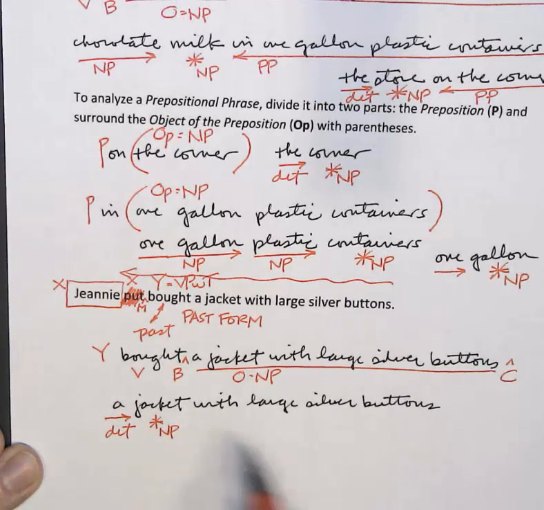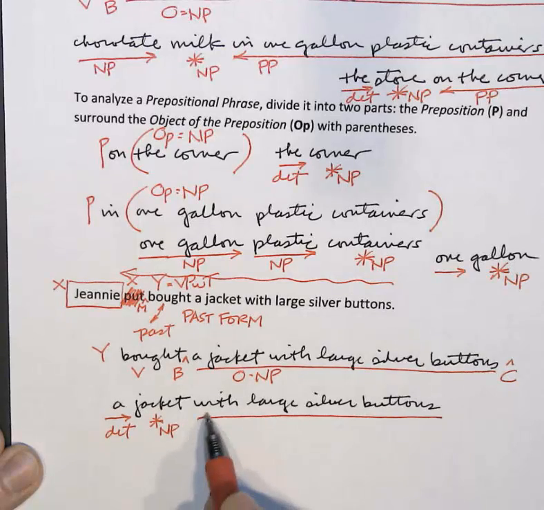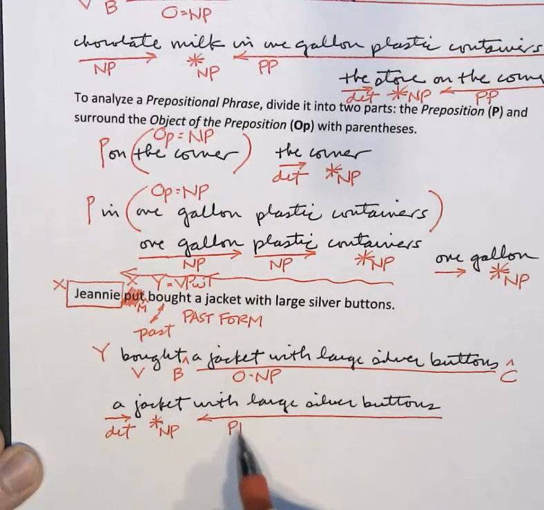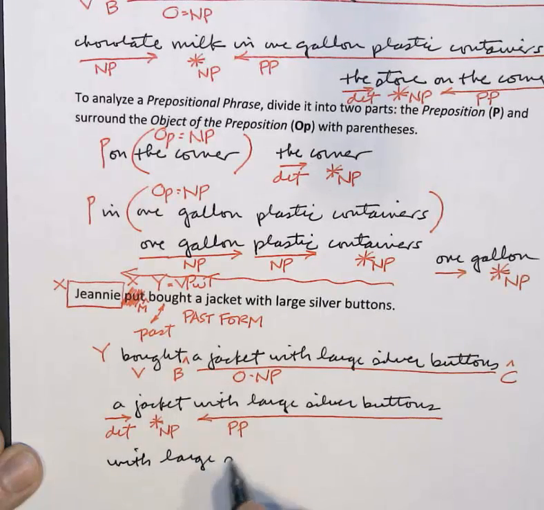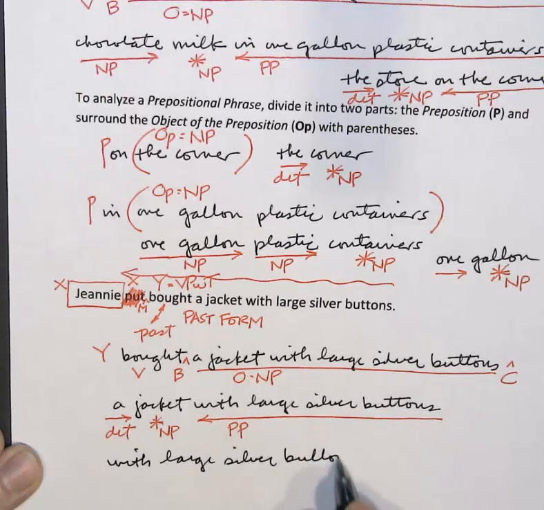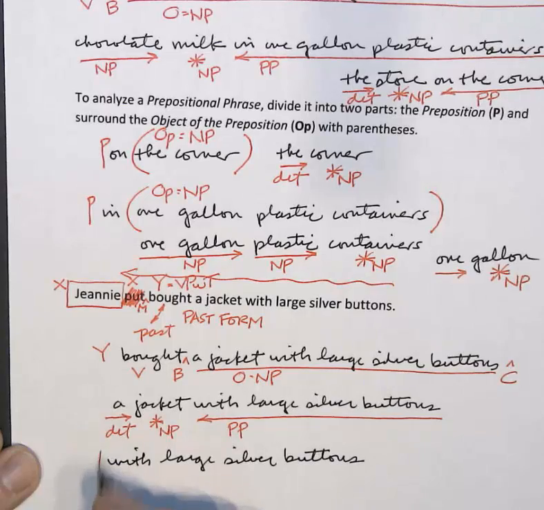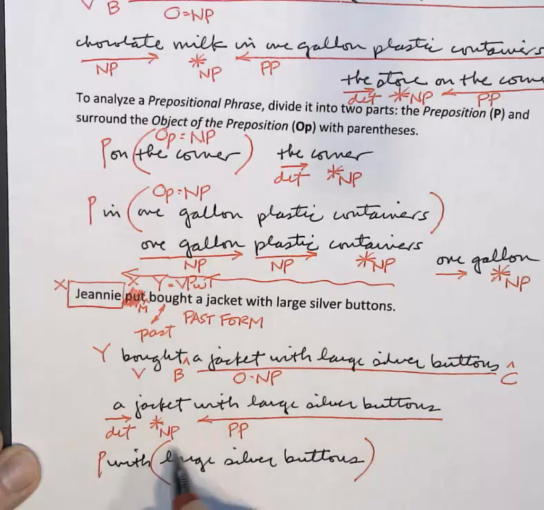And then we have one prepositional phrase that follows as a modifier. We can rewrite the prepositional phrase with large silver buttons. Label the preposition. Put parentheses around the object of the preposition. Name it.